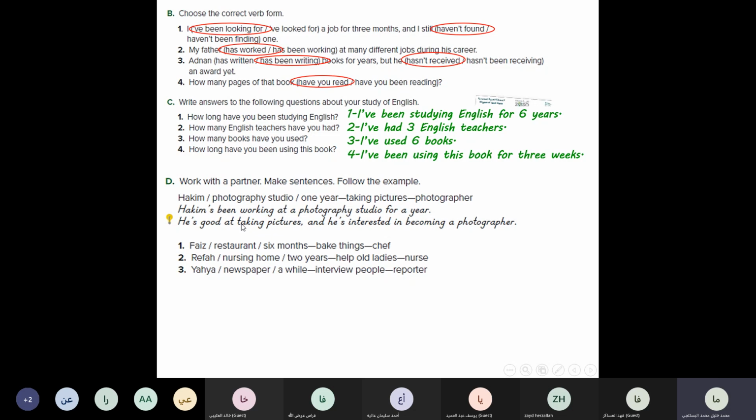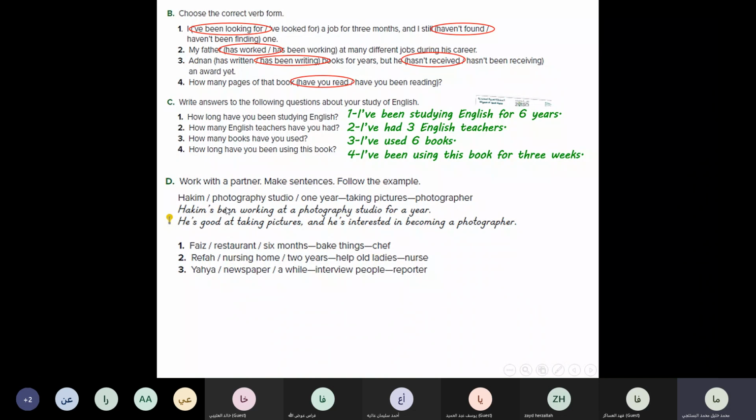Okay, exercise D. Work with a partner, make sentences, follow the example. In other words, we are going to use what? A sentence with present perfect and a sentence with what? Present perfect progressive. Not just one, but here we have to use the adjectives.